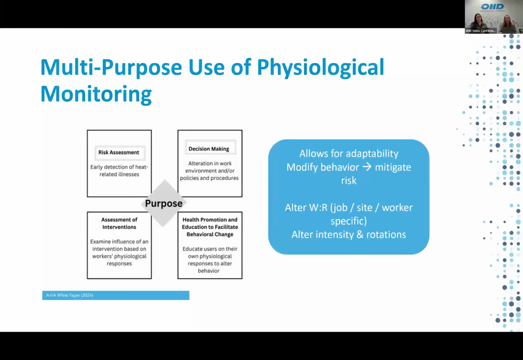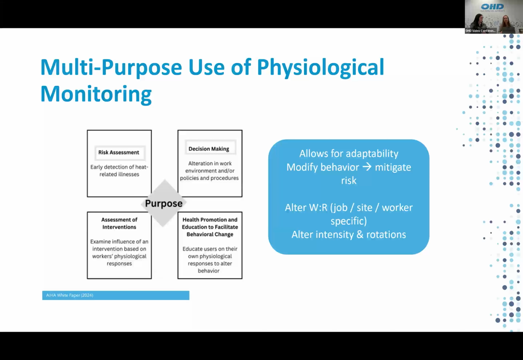Physiological monitoring provides real-time information for us safety leaders to inform our decisions with data, and to also make them more personalized regarding the work-rest ratios, the implementation of extended breaks, or just that early recognition of heat strain before any illness occurs.